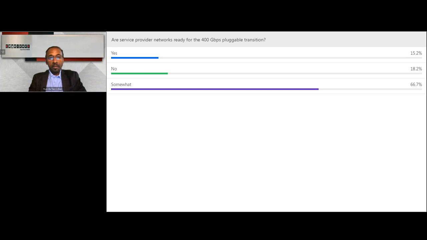Cost is another factor, but service providers need to ensure that they are getting platforms which can support 400G high-powered, long-reach optics. This is starting to happen. Service providers are starting to ask. But yeah, they always have to deal with the legacy that they already have in the network.